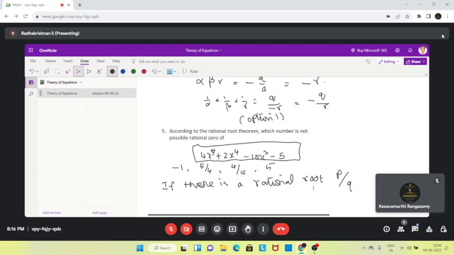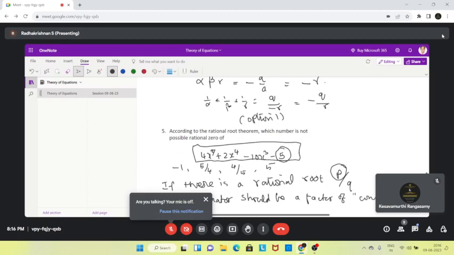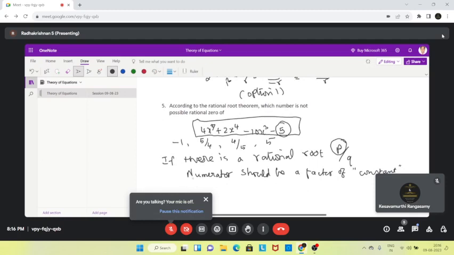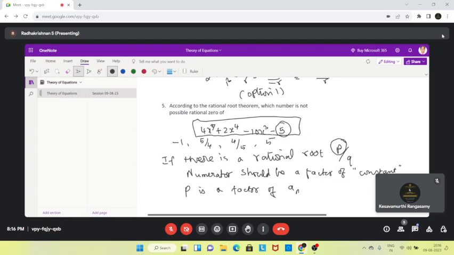Then this p should be a factor of the constant, the numerator should be a factor of the constant. Similarly, q is a factor of the leading coefficient, let us call it a0.